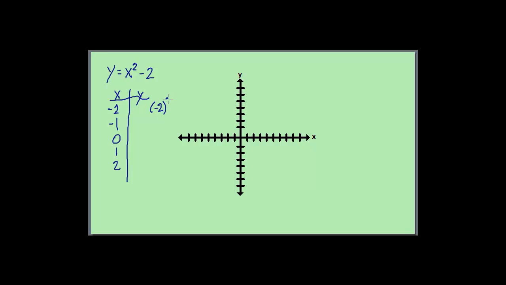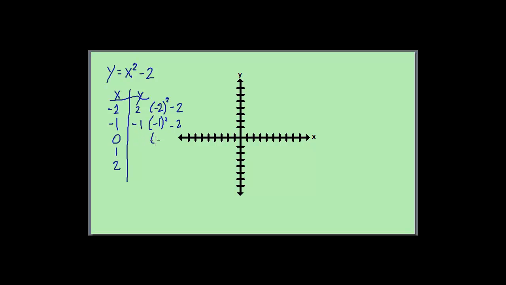Now I'm going to square the entire x. Be cautious here because this is where a lot of students make a mistake. It's the entire quantity squared. I want the entire x squared, and the entire quantity x is negative 2. So I want negative 2 times negative 2, which is 4 minus 2. So that would be 2. Negative 1 quantity squared minus 2 would be 1 minus 2, which is negative 1.